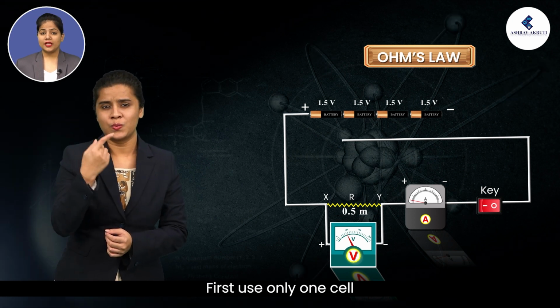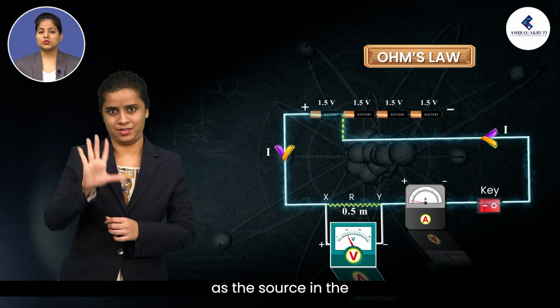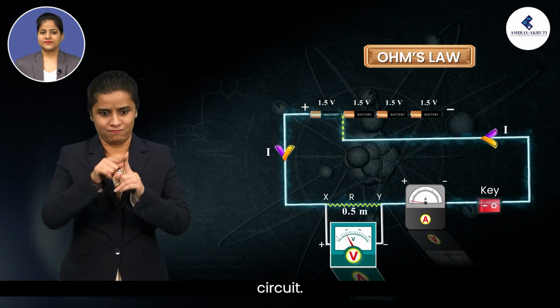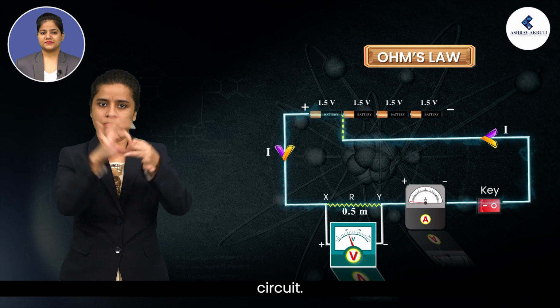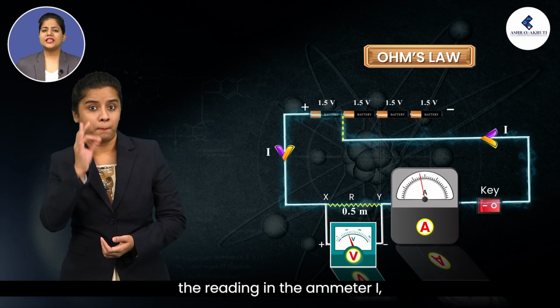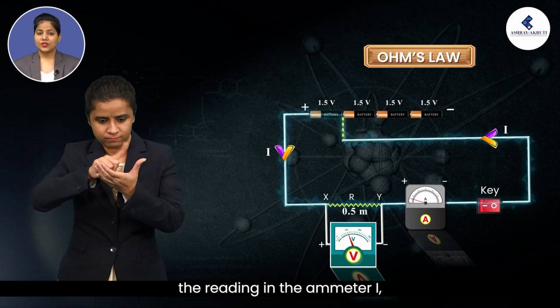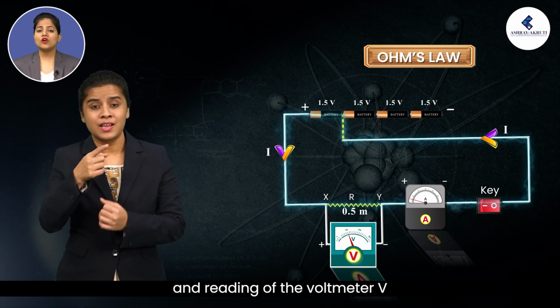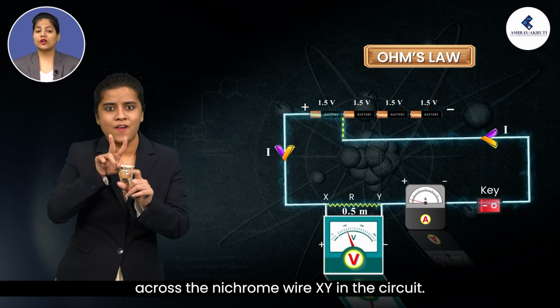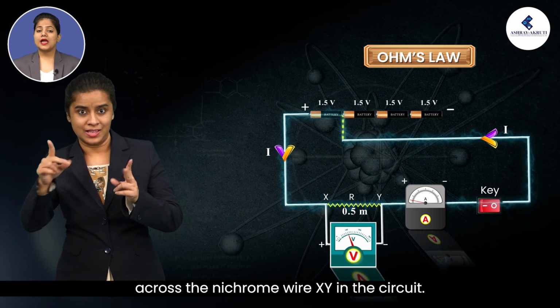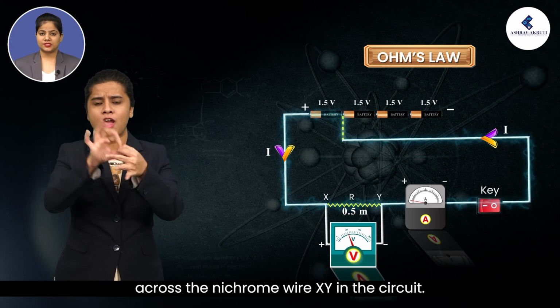First, use only one cell as the source in the circuit. Note the reading in the ammeter I for the current and reading of the voltmeter V for the potential difference across the nichrome wire XY in the circuit.